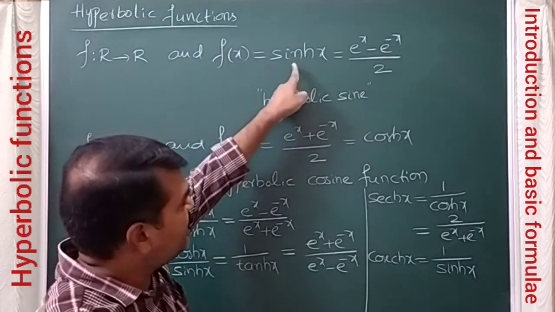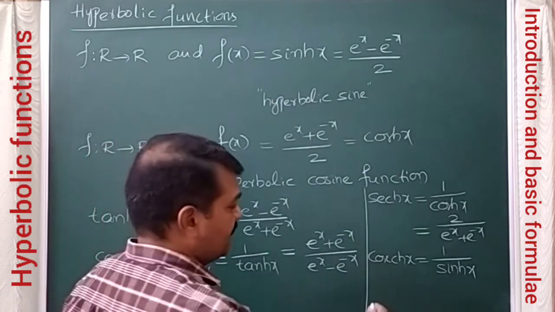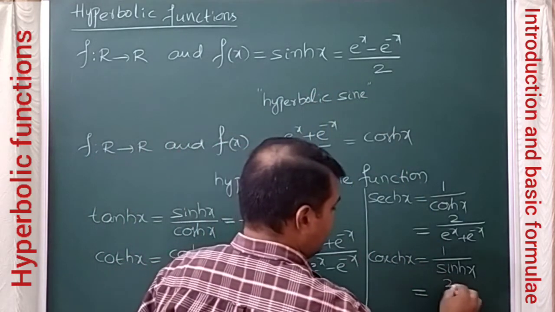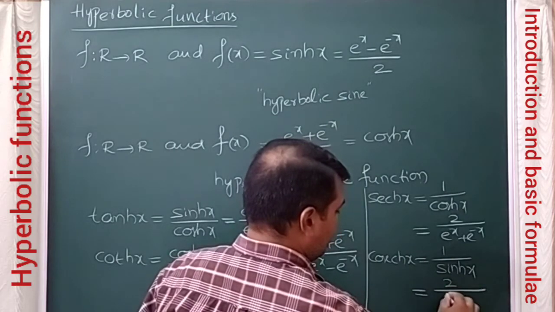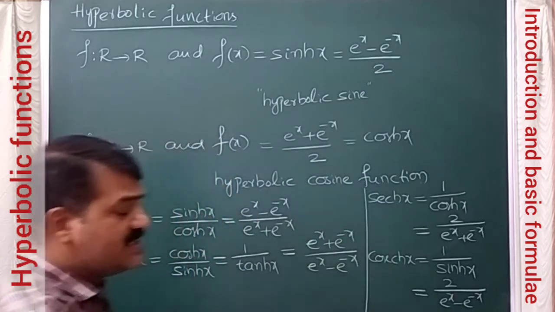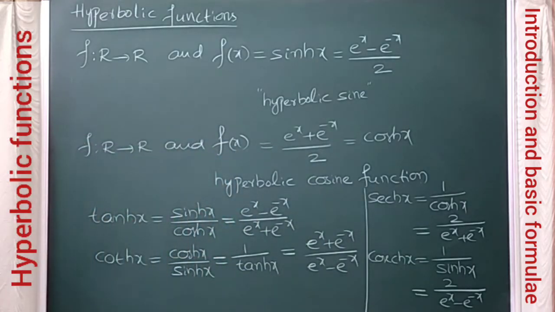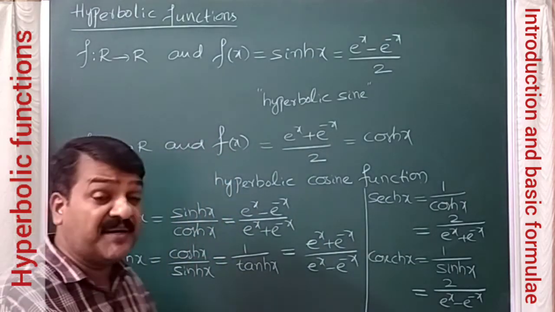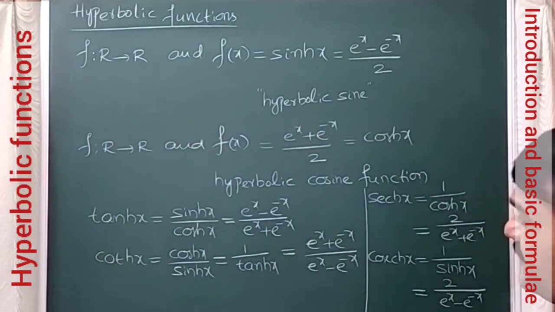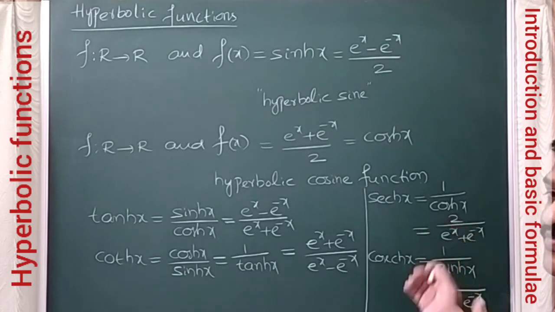The formula for sin hx we have written here, so its reciprocal is going to be 2 by e power x minus e power minus x. So these are the basic formulas for the hyperbolic trigonometric functions, all 6 of them.